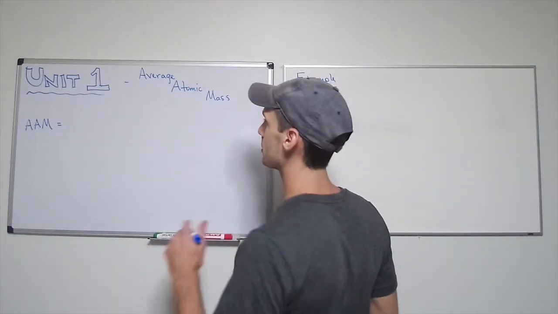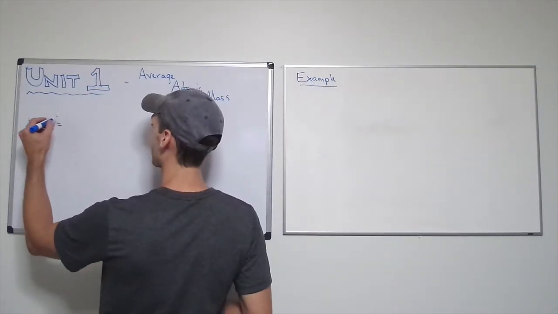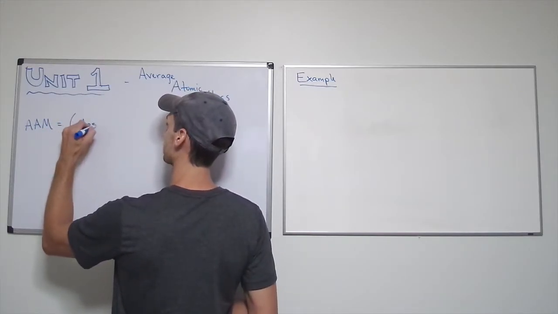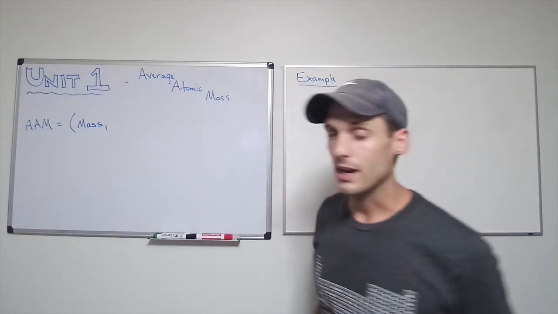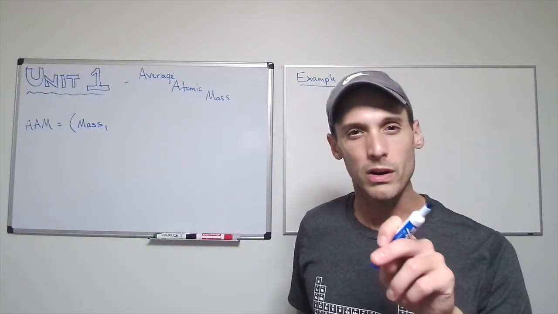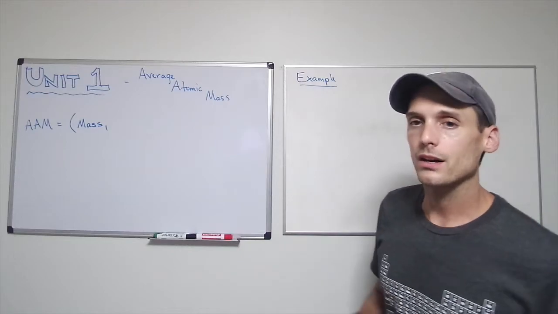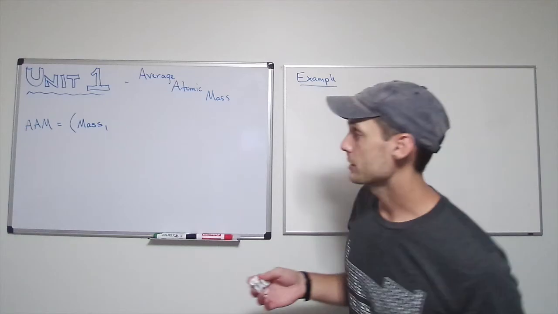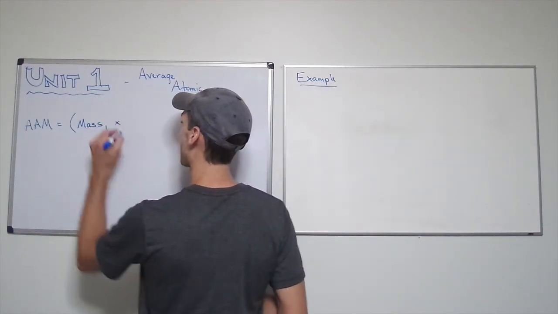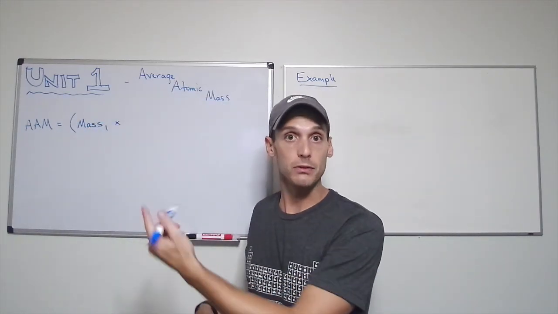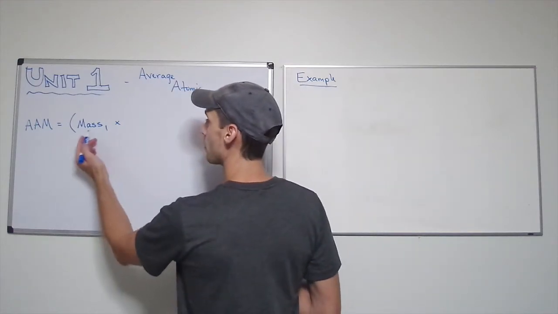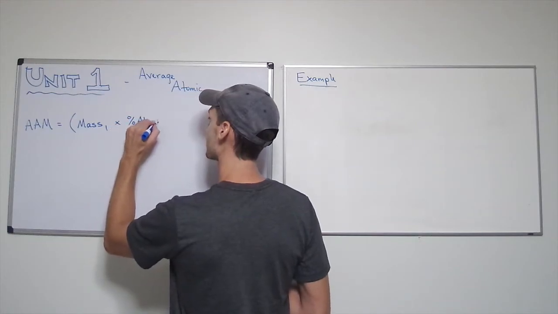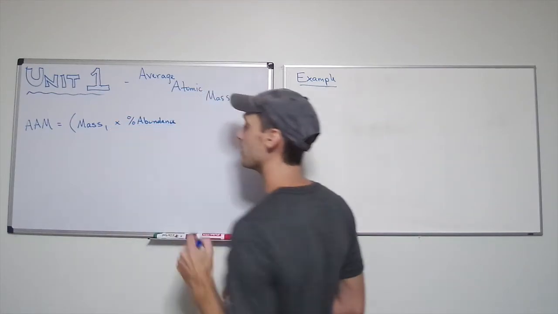So what we do in order to calculate this weighted average is we are going to take the mass, and I will call this mass with a little 1, and this is just the mass of one of the isotopes of your element in question. We will multiply that mass, and this is just the mass number, our protons plus neutrons, by the percent abundance of that isotope.